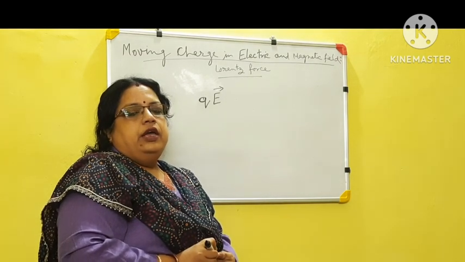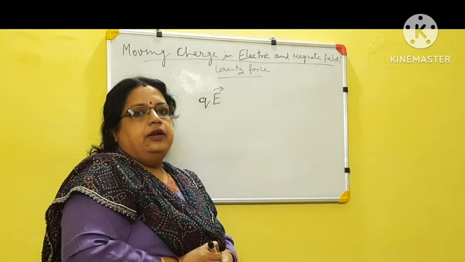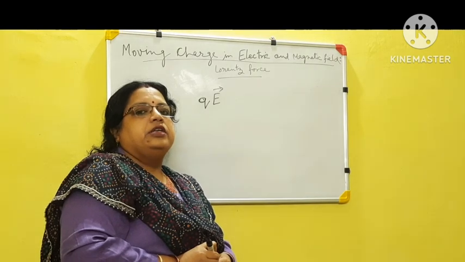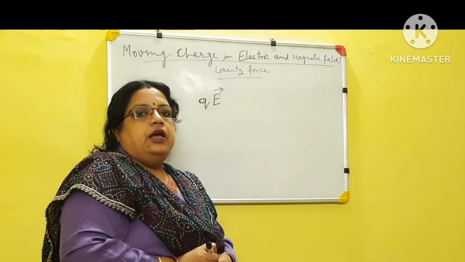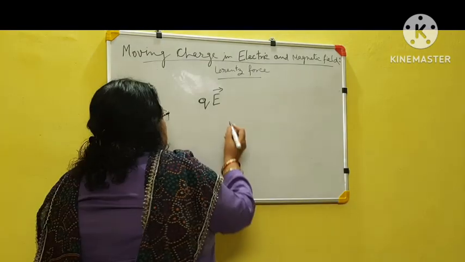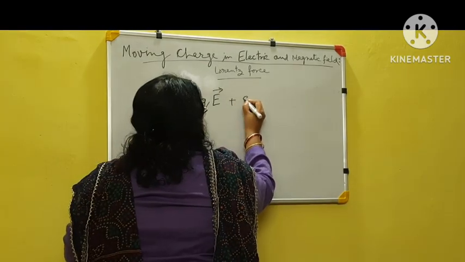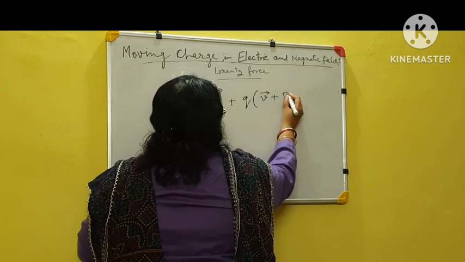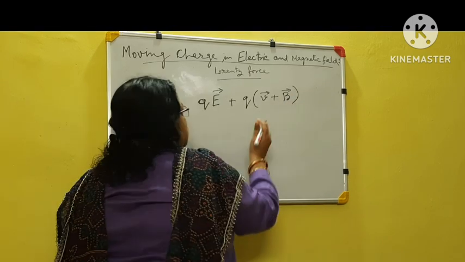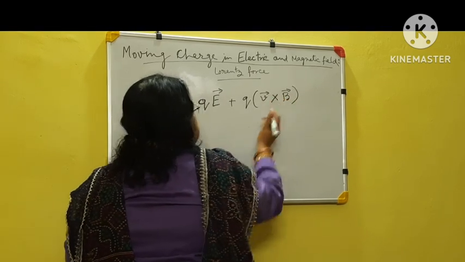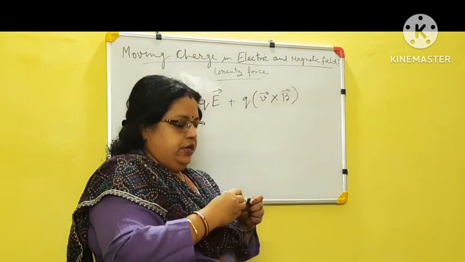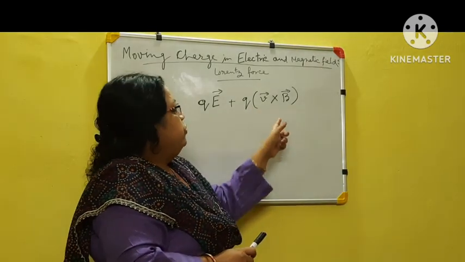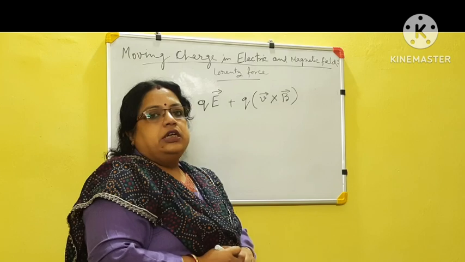If it is moving in the magnetic field and electric field, then an additional force due to the magnetic field will be experienced by the point charge, and that force will be equal to Q into V cross B. V is the velocity of the charged particle and B is the magnetic field. That will be the additional force experienced by the charged particle.